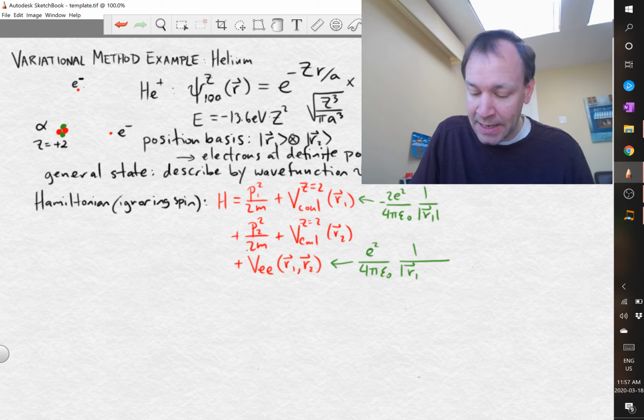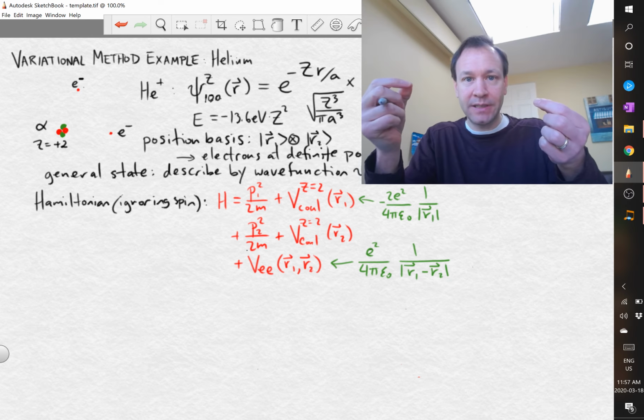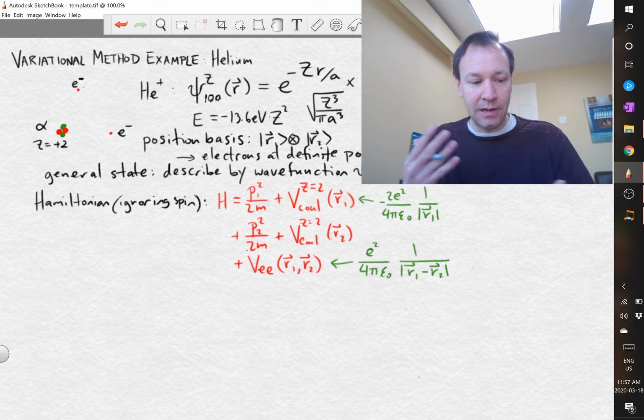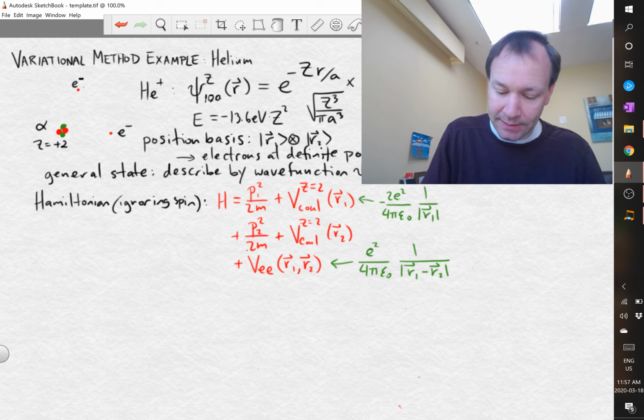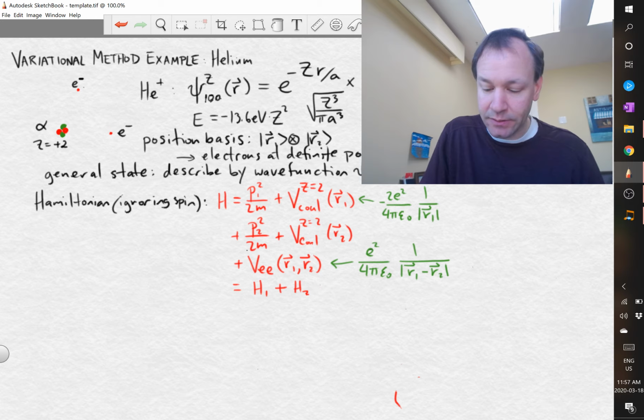So in the denominator is the absolute value of the position of electron 1 minus the position of electron 2, in our 1 over r Coulomb potential. It'll be useful to write this all as H1 plus H2 plus V_EE.